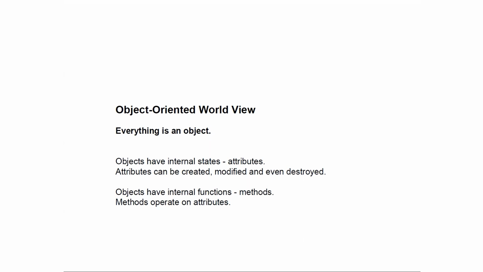So the world consists of a collection of objects that have attributes, which is some internal data, and they have their own internal methods. And these methods are functions, and they operate on attributes either of the same object or of other objects. In this way, you can actually simulate many things in the real world.